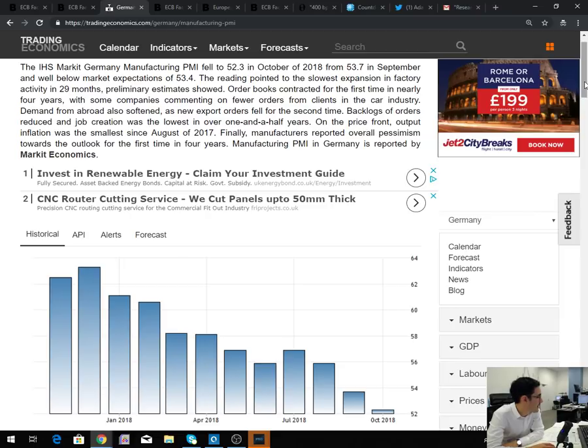So the recent German manufacturing PMI was the slowest expansion in factory activity in 29 months. The order books, which is quite an important forward-looking indicator, contracted for the first time in nearly 4 years, with some companies commenting on fewer orders from clients in the car industry.